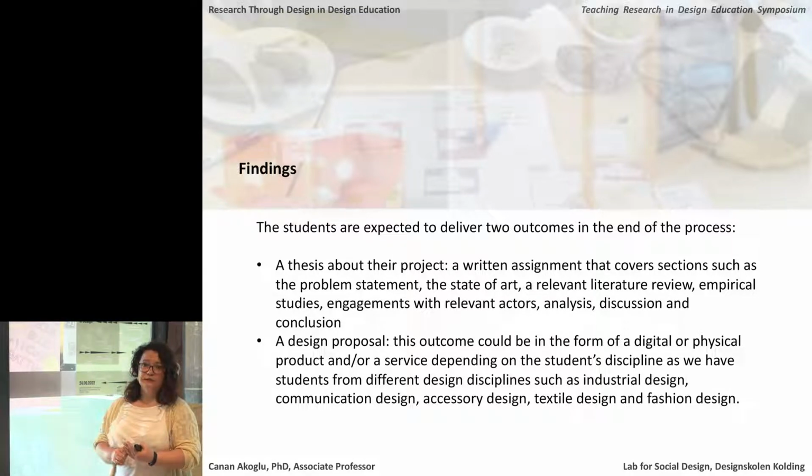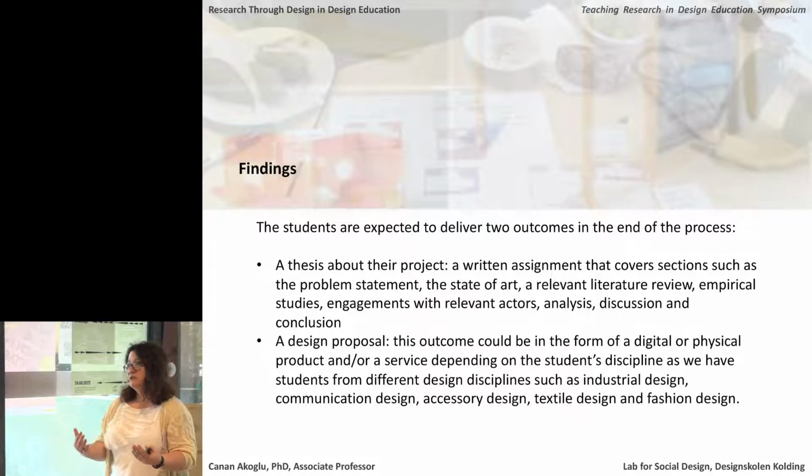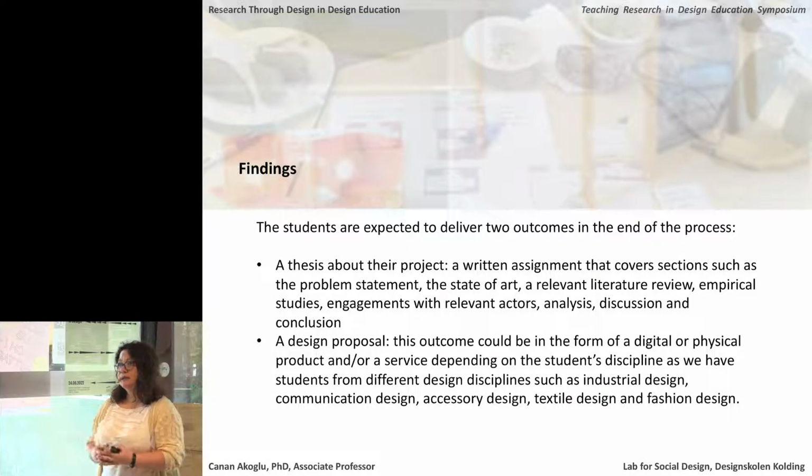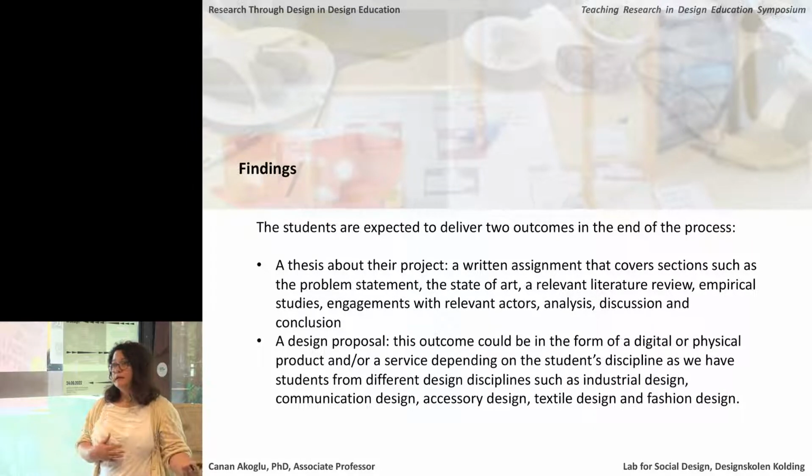If the student is a fashion designer, the student can create some sort of a clothing, let's say, where if the student is an industrial designer, the student is possibly will be creating a product.